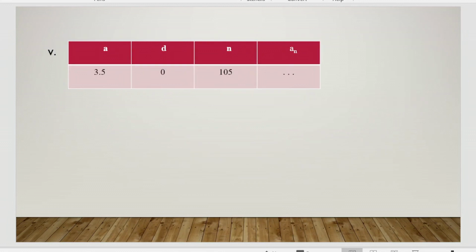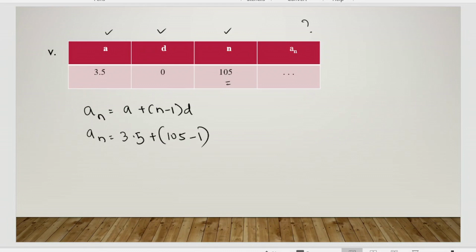Let us solve the last bit from the first question, which is the fifth one. He has given us A, D, N, and we need to find the nth term of an AP. It's the same formula: An is equal to A plus N minus 1 of D. We need to find An. We know A is 3.5, plus N is 105 minus 1 into D, which is 0.